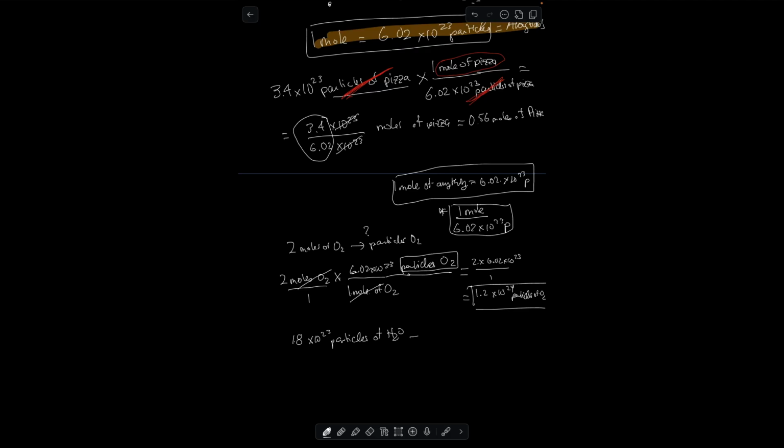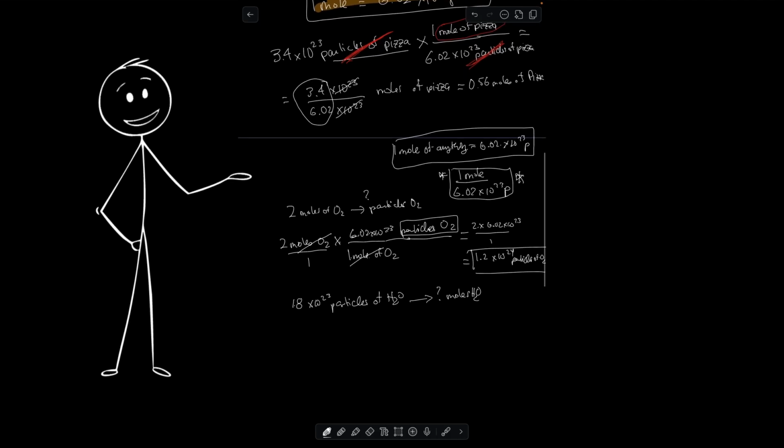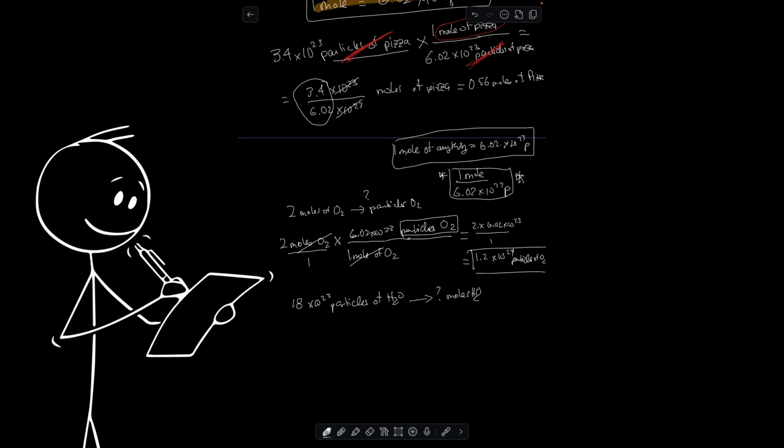And I'm trying to turn that into moles of water. I'm going to take the same conversion unit that is over here, but this time I'm going to have to manipulate it differently, just like I did in the first problem, right? So again, show me how you would do this.